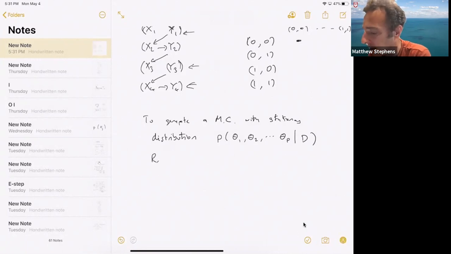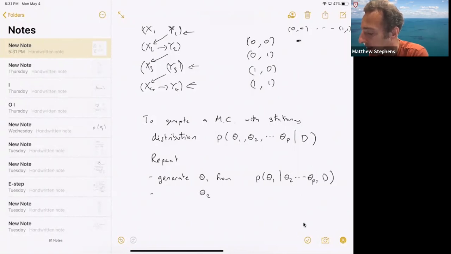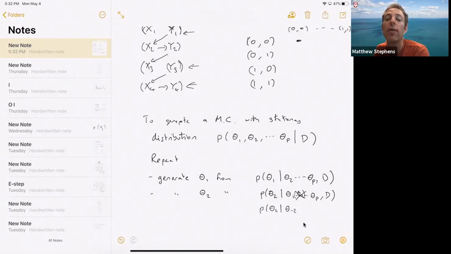We repeat. I'm going to omit the initialization step. We're going to generate theta 1 from its conditional distribution P of theta 1 given theta 2 up to theta P and D. And then generate theta 2 from P of theta 2 given theta 1 up to theta P without theta 2, of course, and D, etc. It's a convenient notation to write theta minus 2, which just means all the thetas except theta 2.